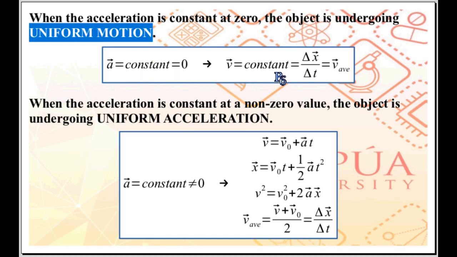As such, the equation for velocity reduces to simply delta x divided by delta t, or simply x over t, change in position divided by change in time. And the velocity is constant. Therefore, if you try to get the average velocity, it will also be equal to x over t.